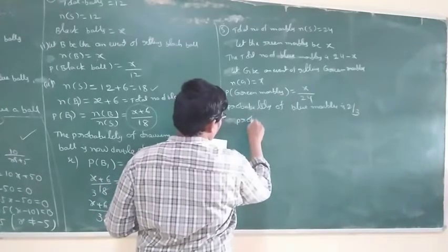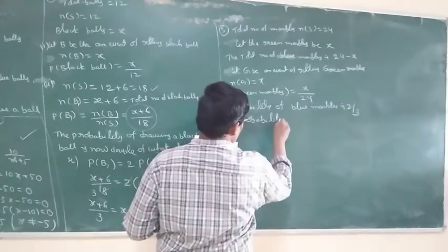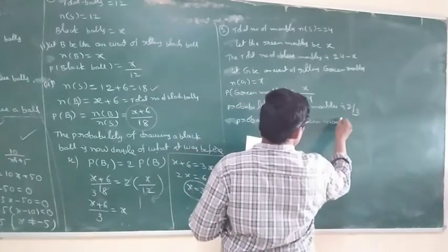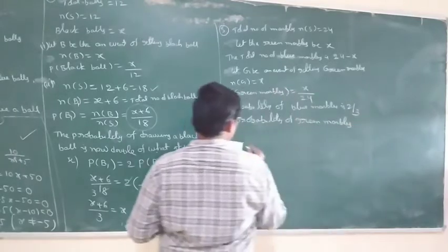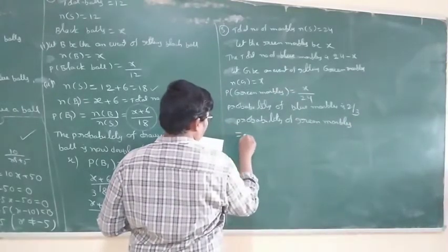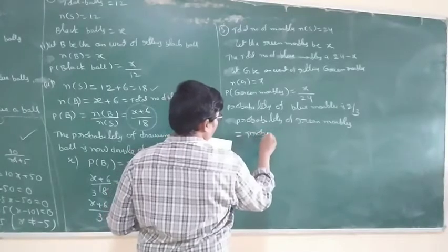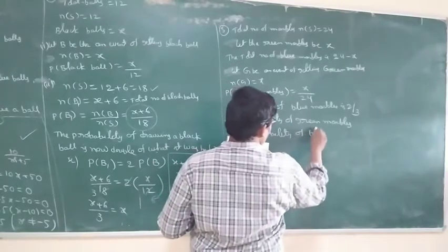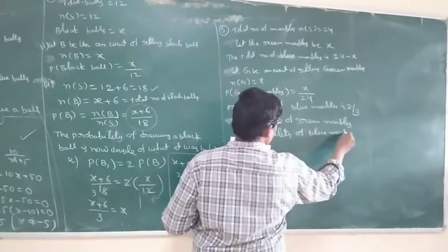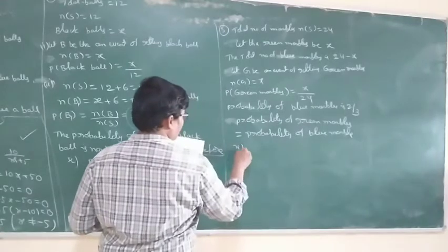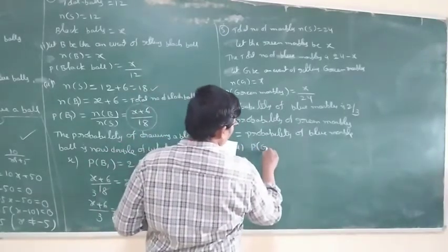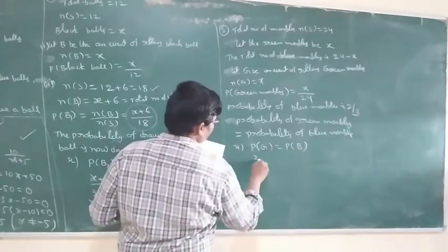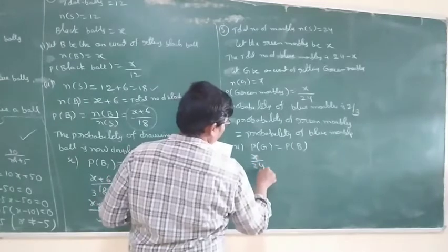Probability of green marbles is equal to probability of green marbles equals x by 24.